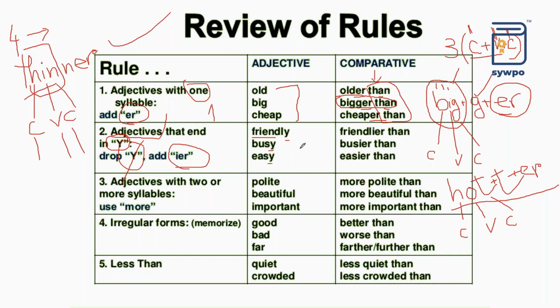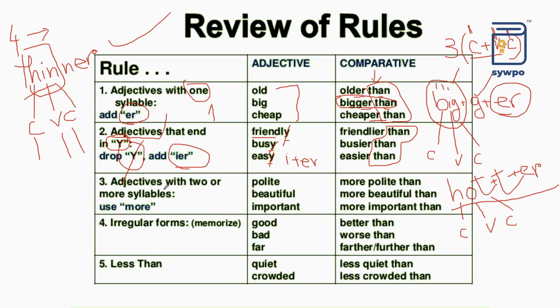So what you do, you drop y, right? And add I. After that, you add ER to all of these. So you can see friendly becomes friendlier then, busy becomes busier then, easy becomes easier then. Don't forget than after the adjective. Than is needed to compare, okay?